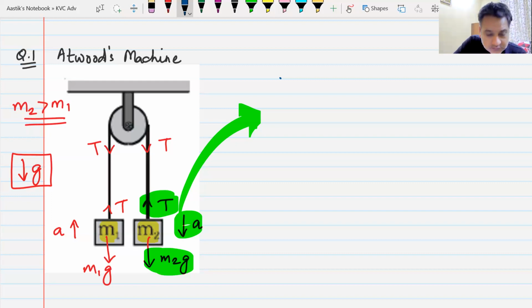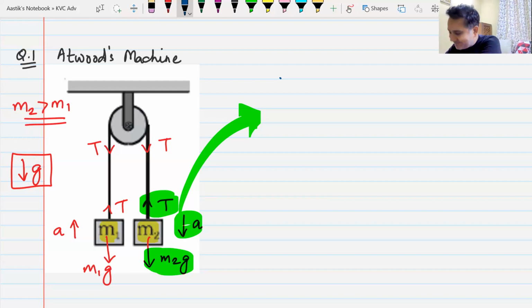Downwards. Now make the equation. It is moving downwards. Now tell me the equation. Minus T minus 2mg. Try again. Net force is equal to ma. If you try on your own and you get it, you will never forget it.